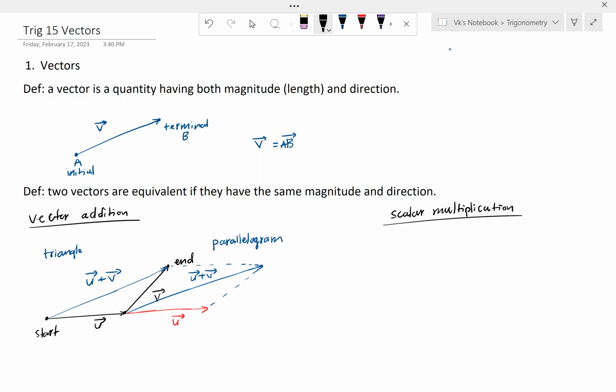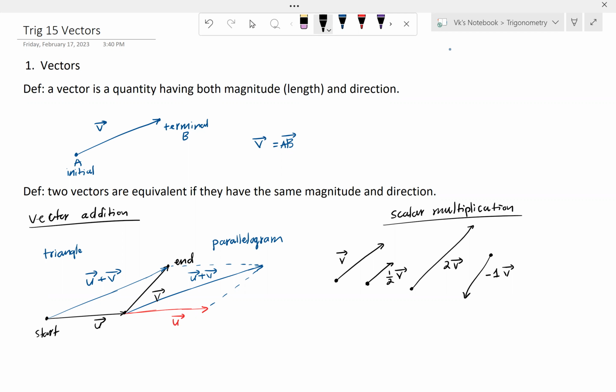Let's say that we have a vector v right here. This is half of v, two v, negative 1v.